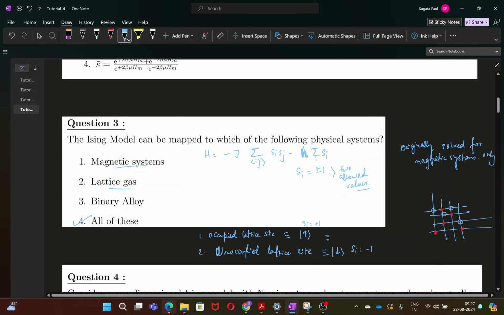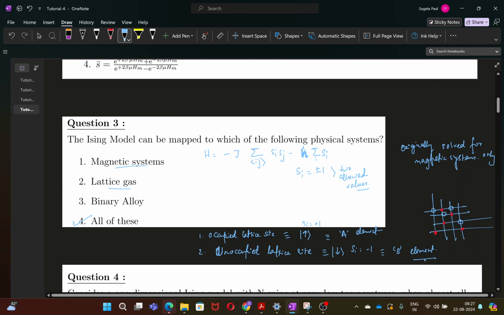So for option number 3, which is binary alloy, we can take the spin up state to be analogous to element A of this alloy, and the spin down state of s_i equal to -1 of the Ising model can be mapped to the B element in the system.